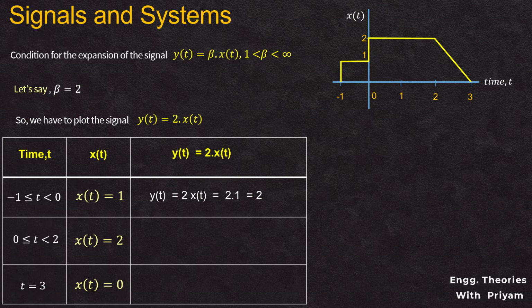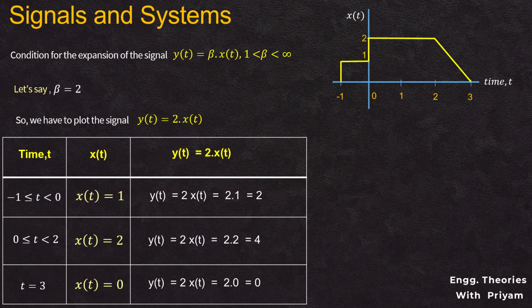Again, when the time t is greater than or equal to 0 and less than 2, then the amplitude of the signal y(t) is equal to 2 into the amplitude of the signal x(t), which is 2. So 2 into 2 is equal to 4. And finally, when the time t is equal to 3, the amplitude of the signal y(t) is equal to 2 into the amplitude of the signal x(t), which is equal to 0, which eventually results in 0.